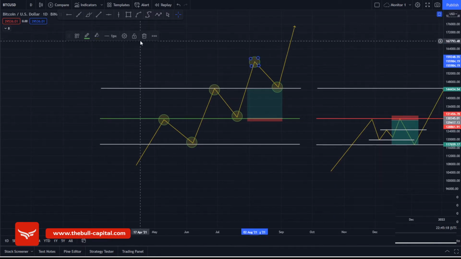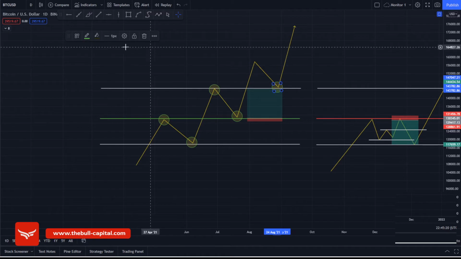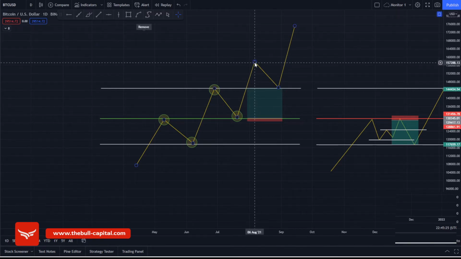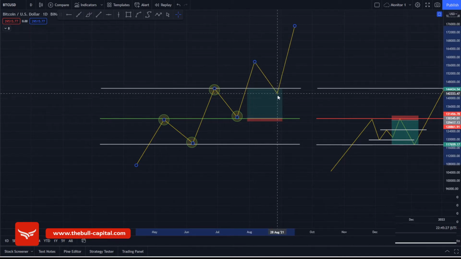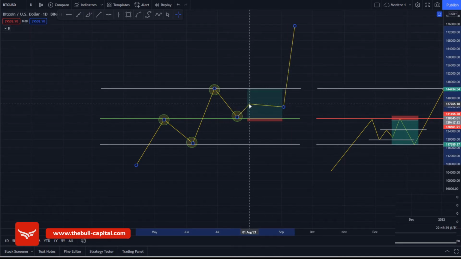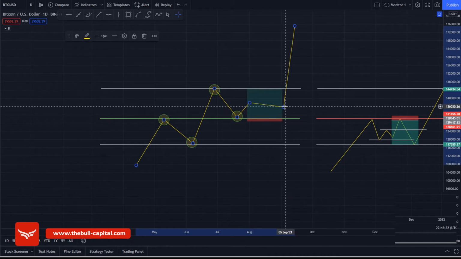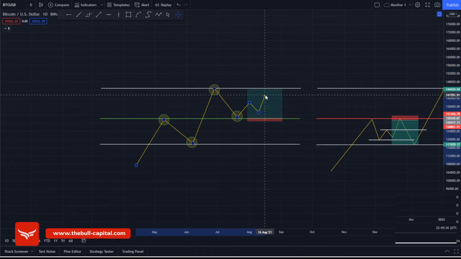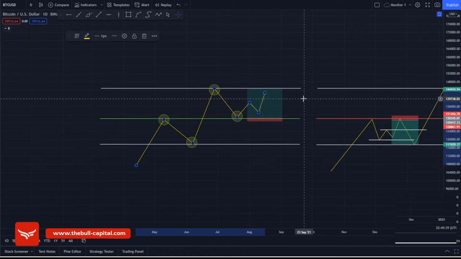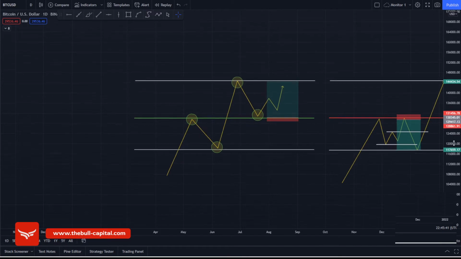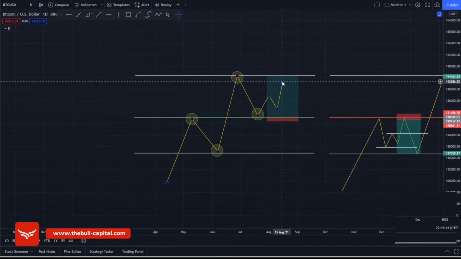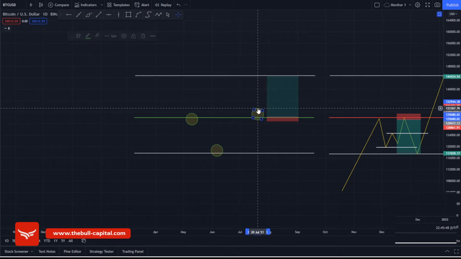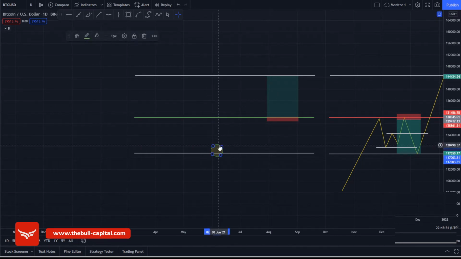But again, we're going to have small swings inside this channel. Actually, I need to draw another one, because this one doesn't help me.